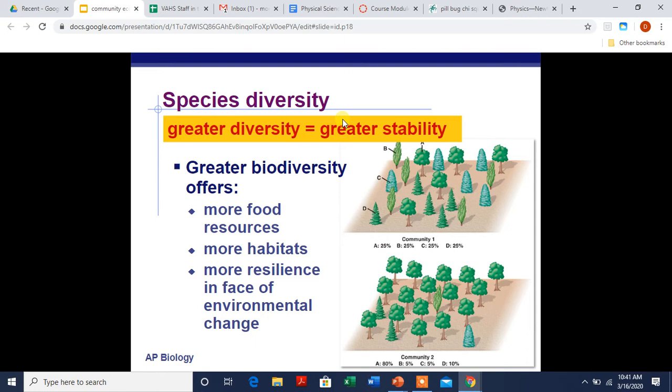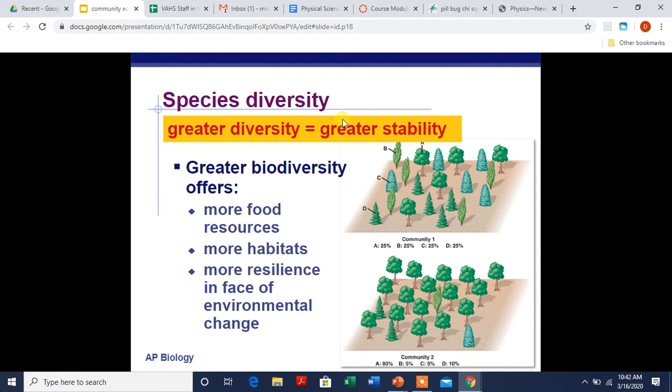There is another measure of species diversity called species evenness, which describes the proportion of each species found in a given environment. And the idea is that if the proportions are more balanced, it has a higher evenness score. So this community on the top, community 1, would have a high species evenness score.